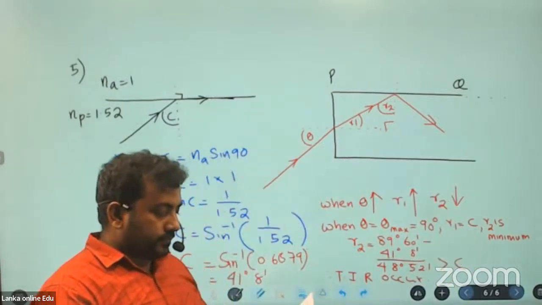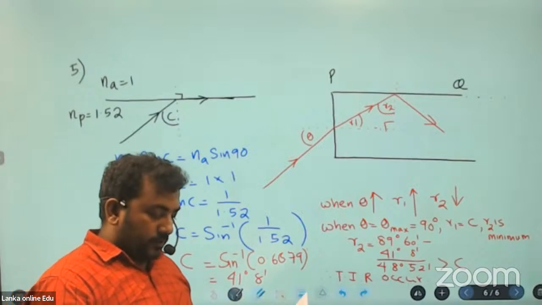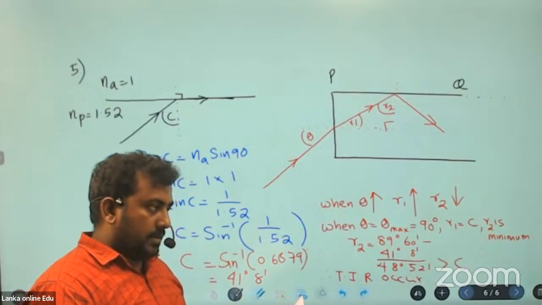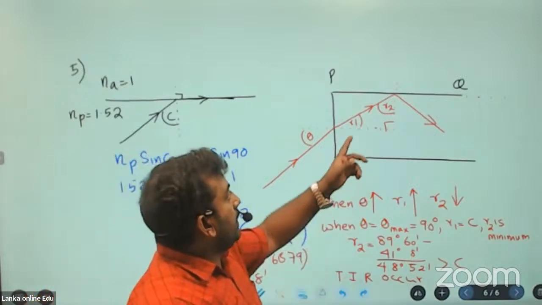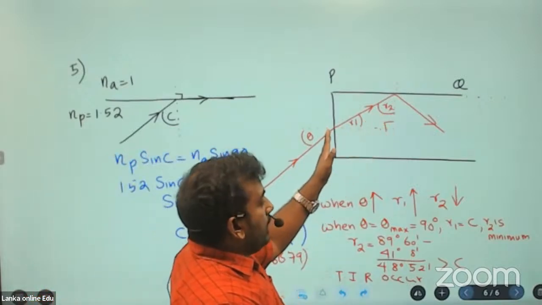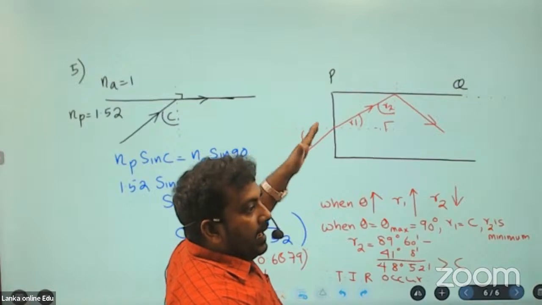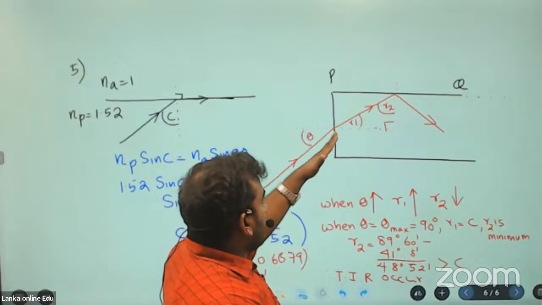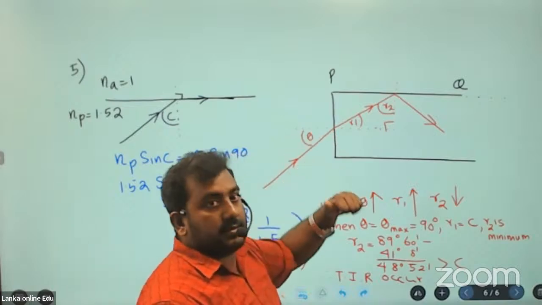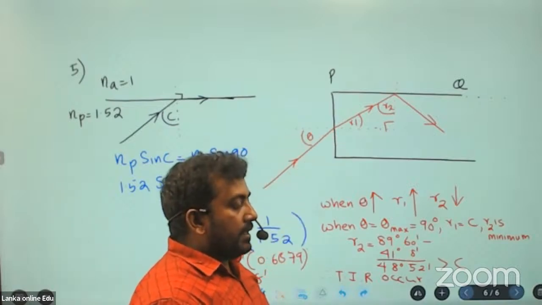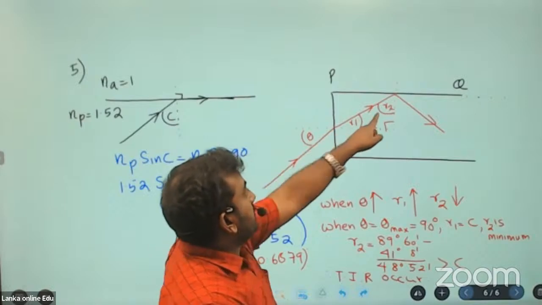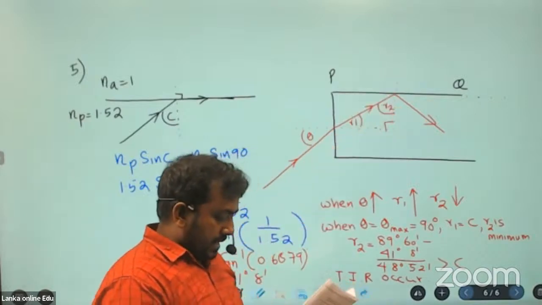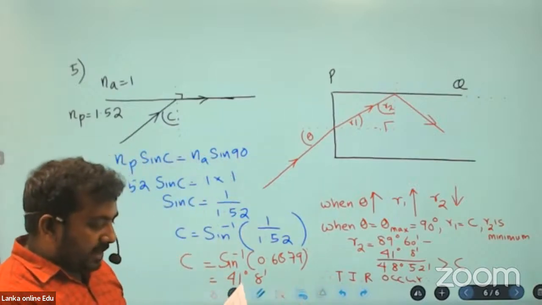Therefore, when theta reduces from 90 degrees, R2 will be more than the minimum.